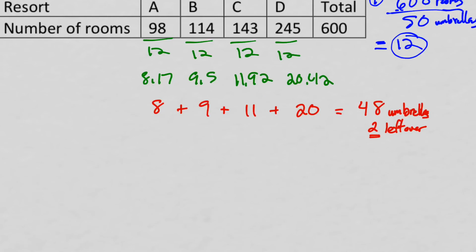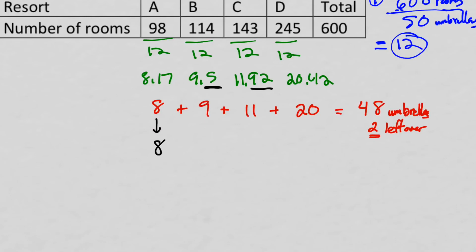So we've got to decide which resort is going to get these leftovers. So Hamilton said, okay, just give it to the highest fractional parts. So we can see we have a 0.92 and a 0.5 right there, which means our final numbers.